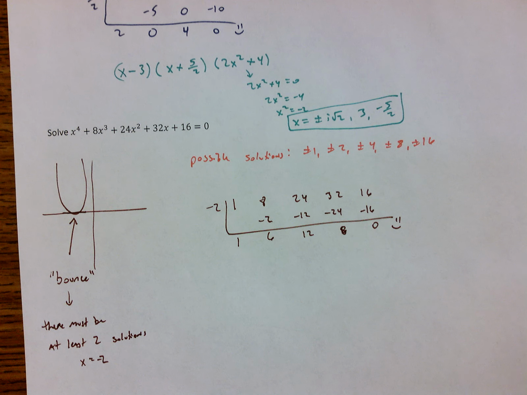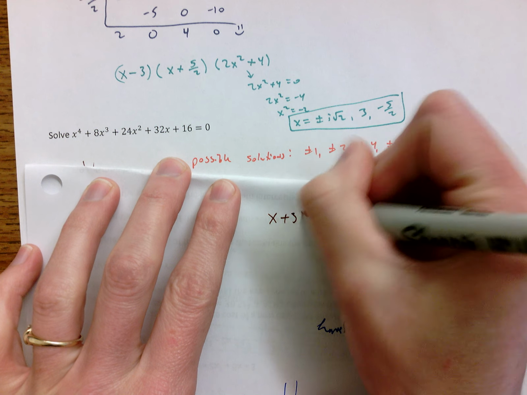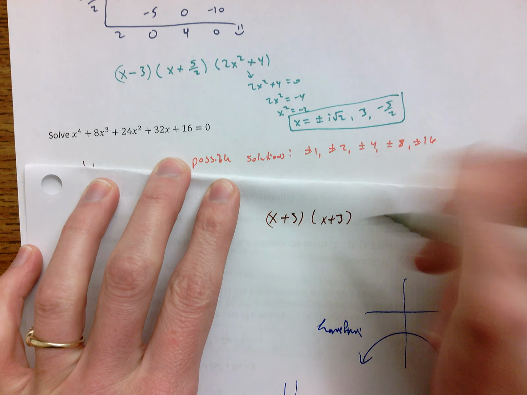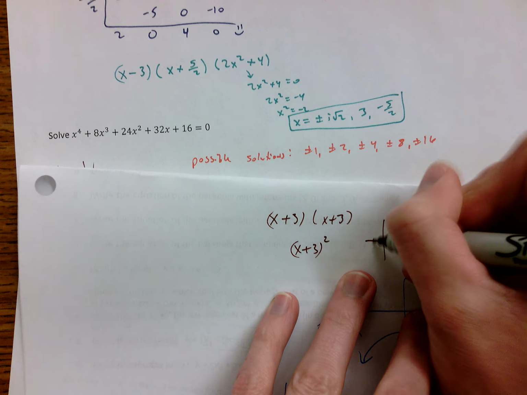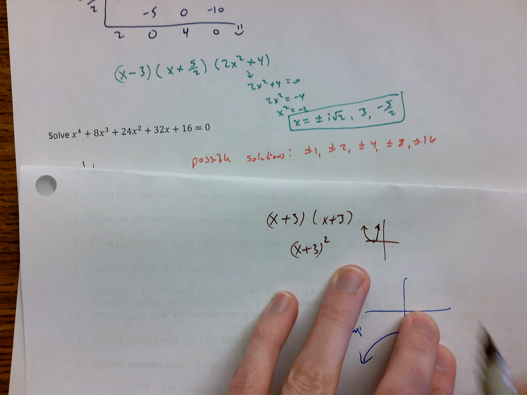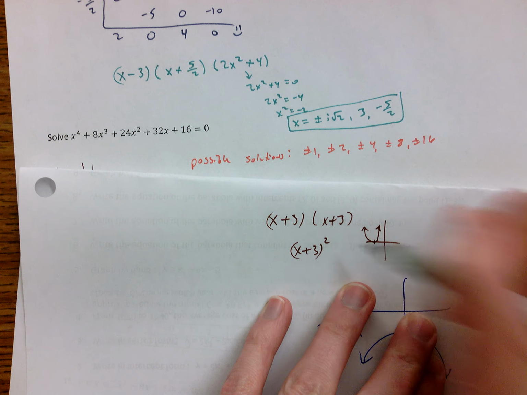And we can know that based on our knowledge of what happens with parabolas, right? When I had a parabola like x plus 3 times x plus 3, that was x plus 3 squared. And when you graph that in vertex form, it would look like that. So it comes down and it bounces off. Well, that's your cue that you're going to have 2 solutions there.